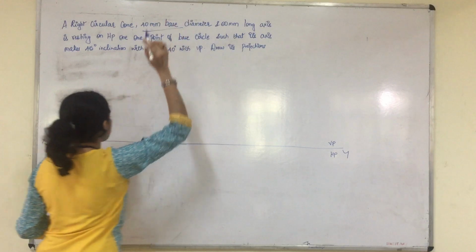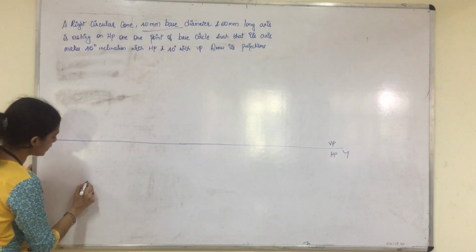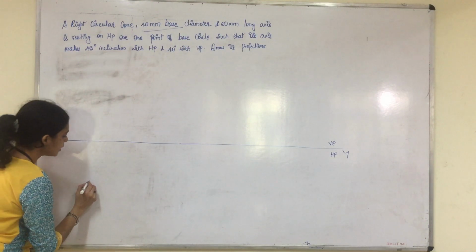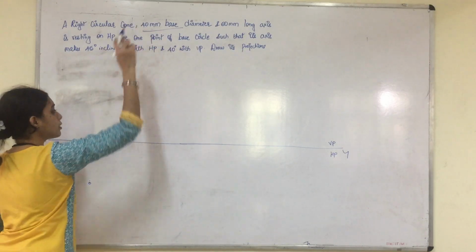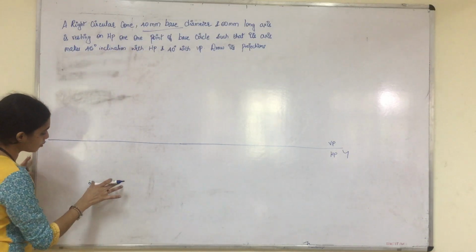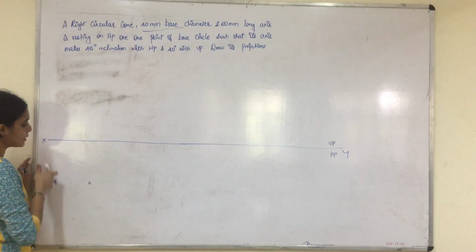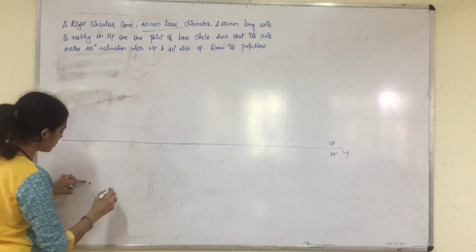First you see the diameter of the circle. It is 40 mm. So you identify a center, name that O, and take the radius. If the diameter is 40, the radius will be 20 mm. So take a 20 mm radius and generate a circle.